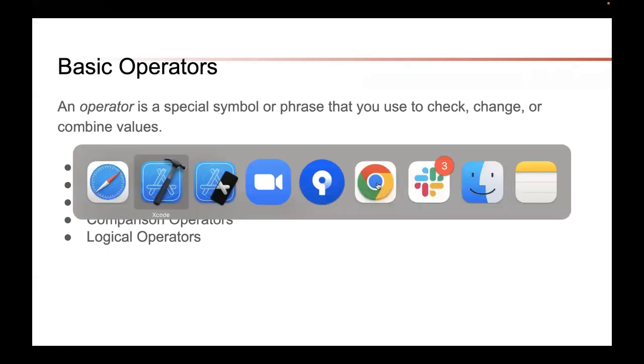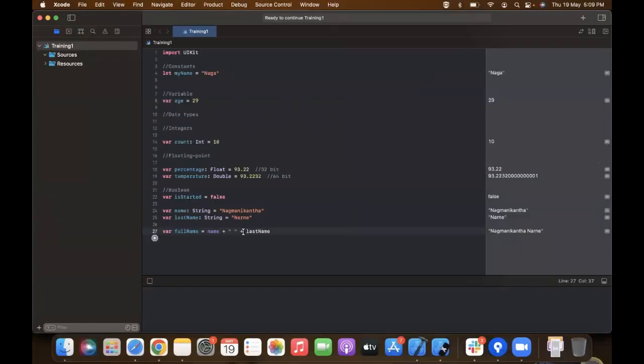As in this example of string, this is one operator. What it's doing is combining the two things. We use these with operands. Both sides of an operator are called operands. This is the operand, this is also an operand.